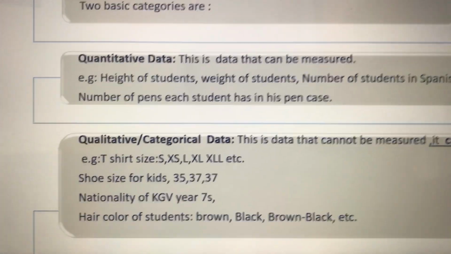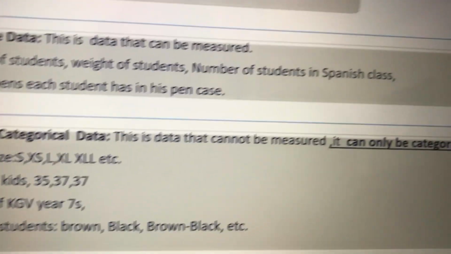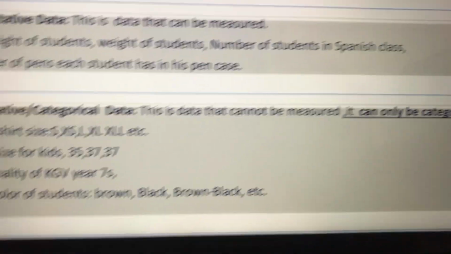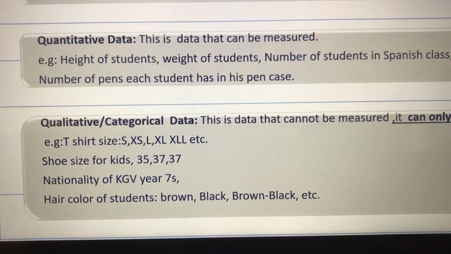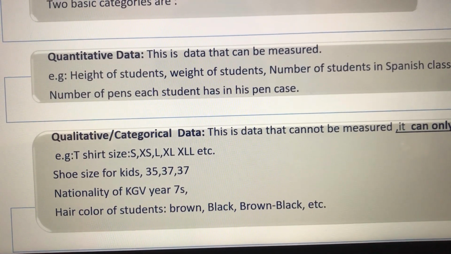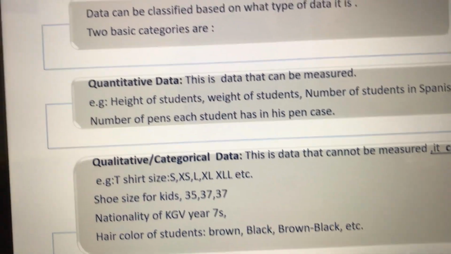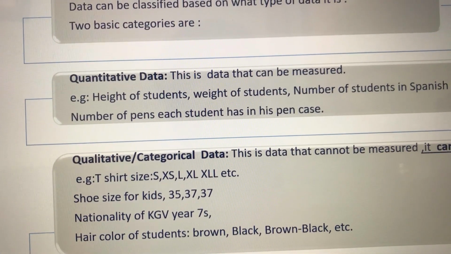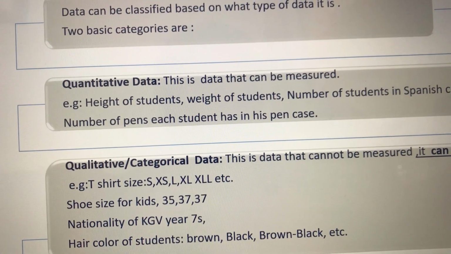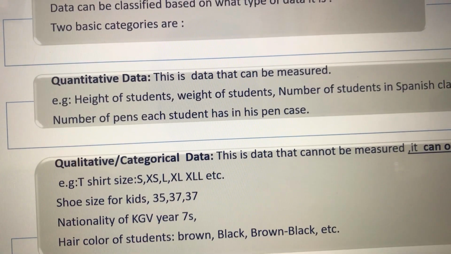What is qualitative data? Now, these are the data that cannot be measured but they can be categorized. Now, when I say categorized, it means, let's say you go to a departmental store like Giordano or Bossini and you look for a t-shirt of your size, and you would see there are t-shirt sizes S, XS, L, XL, XXL. So each size is a category.